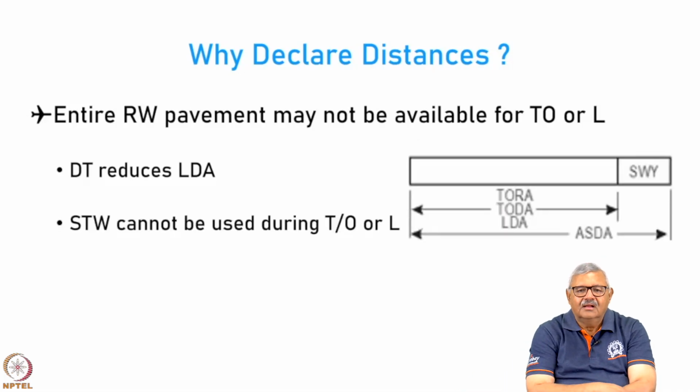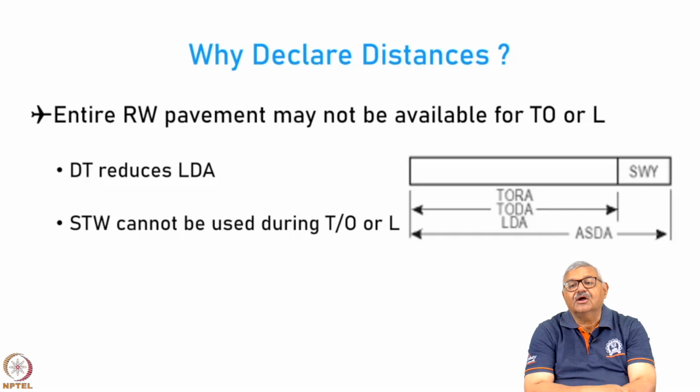Then the stopway, that is at the end of the runway, cannot be used during takeoff or landing, because stopway is only meant for aborting the takeoff. So, it is the so-called accelerated stop distance. You are not expected to actually be in the stopway during takeoff.